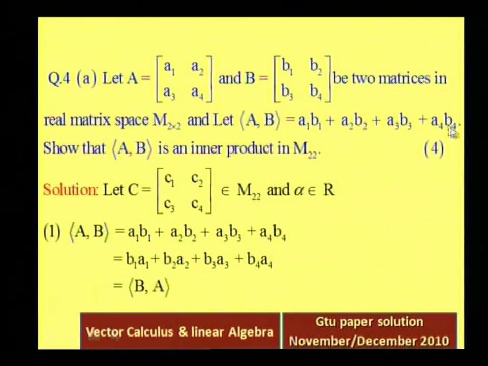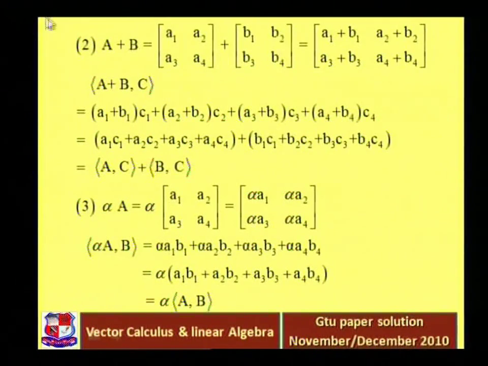To prove that this operation is an inner product, we have to prove 4 conditions. First, inner product AB is equal to inner product BA. Second, inner product KA B is equal to K times inner product AB. Third, inner product A plus B, C is equal to inner product AC plus inner product BC.